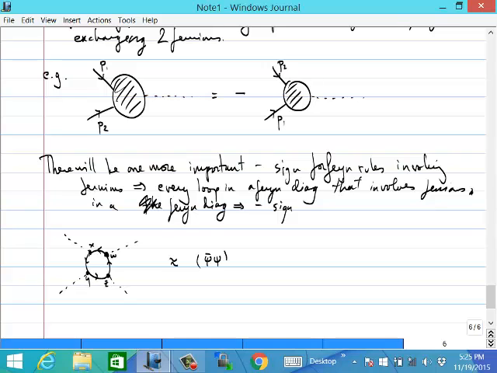So let's say one propagator goes from X to Y, another propagator goes from Y to Z, another propagator goes from Z to W, and another propagator goes from W to X.